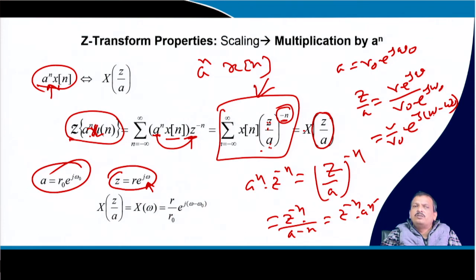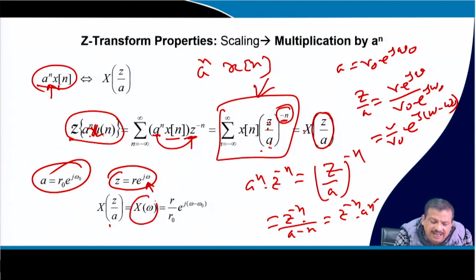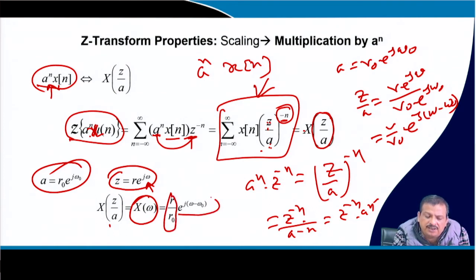Okay? So I can say X of z by a, represented by X of omega, is nothing but R by R0 e to the power j omega 0. Now, let us say R0 is equal to 1.